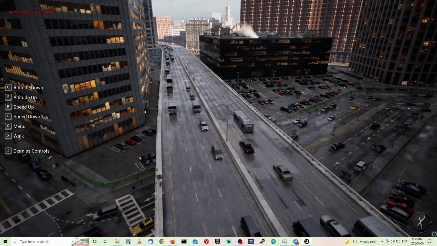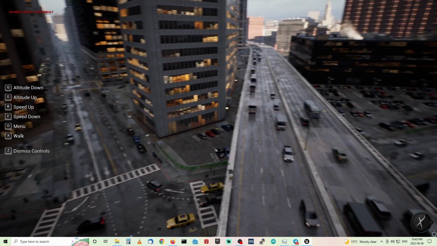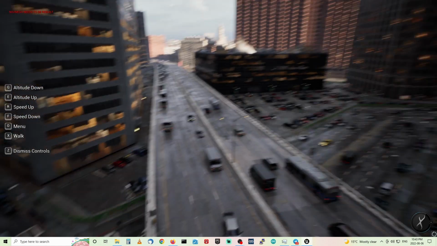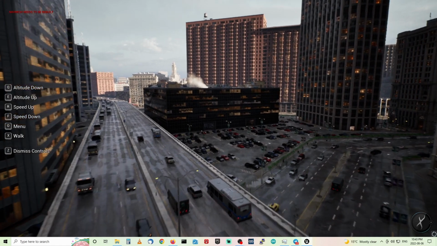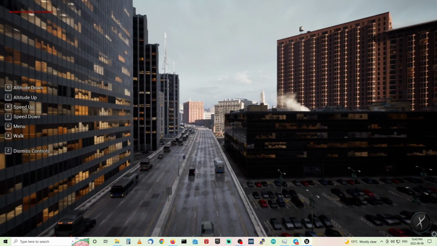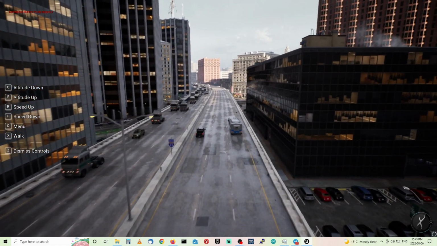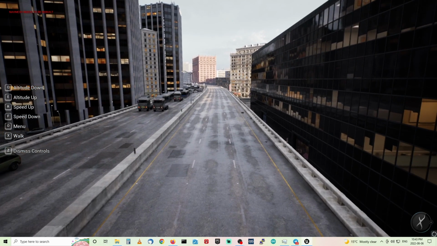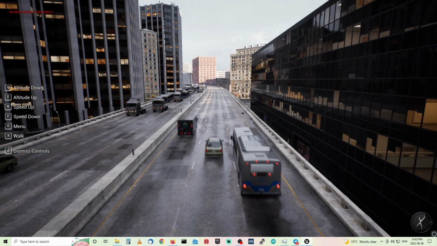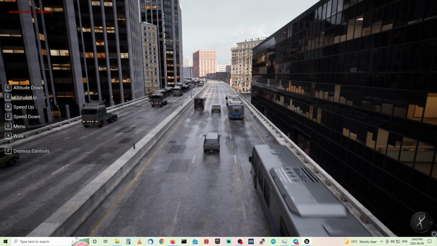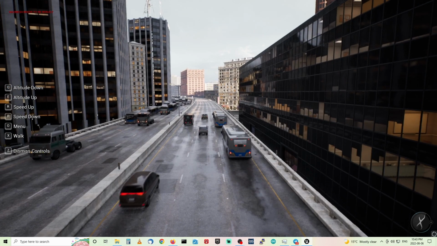The bus never respawned. And that truck is still standing in the way. That is still the same bus. Oh, what? Hey, it reappears. What?